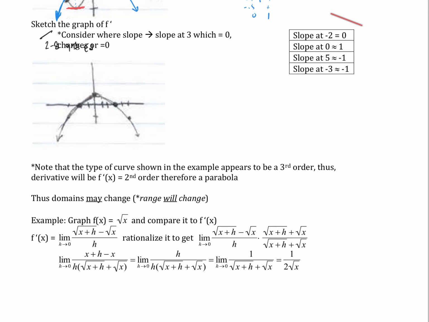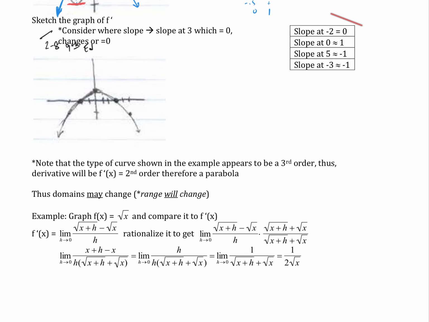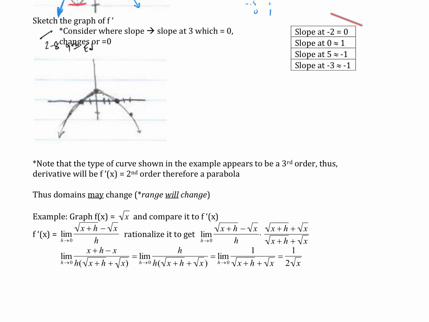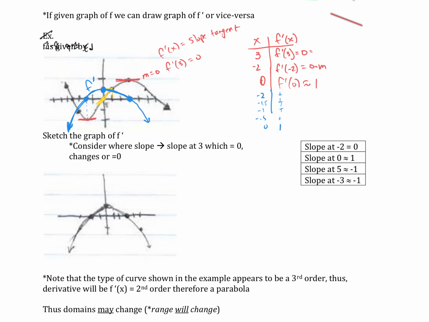Now, here's a couple things to note. If it's a third order polynomial like this, I have it written down here, then the derivative will be second order. This appeared right up here to be the original, a third order polynomial. It appeared like that. So that means the derivative will be a second order. And notice this was a negative.